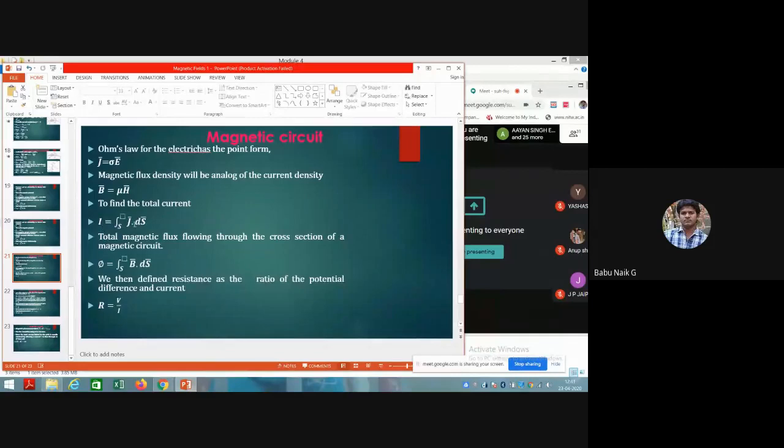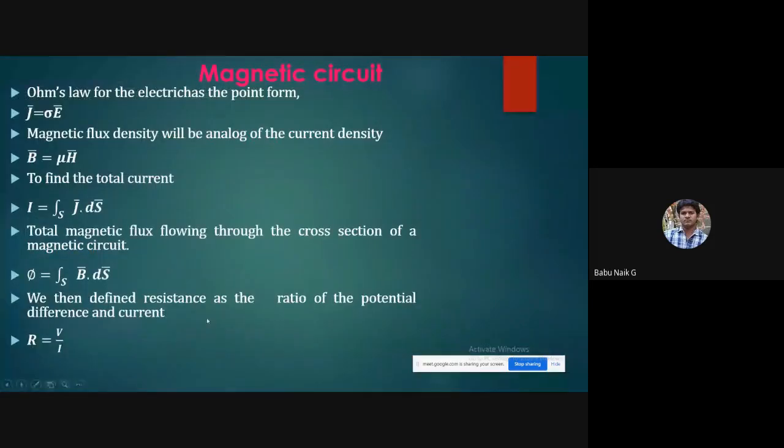So I is equal to the surface integral of J bar dot ds, where J is the current density throughout the circuit. Not only that, you can calculate the flux passing through the cross section of the magnetic circuit, which is the total magnetic flux, phi is equal to the surface integral over the total surface of the material of B bar dot ds.